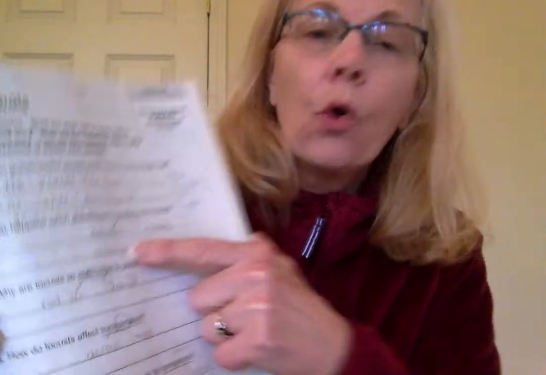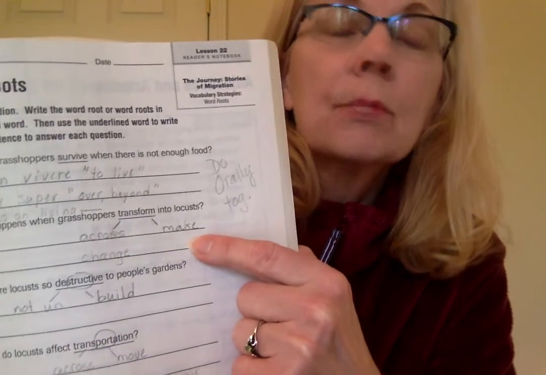Well, their antennas shorten, they change color, and they grow wings. But what does the word transform really mean? Trans means across or change, and form means to make. So to make a change, to cross over to a different form, to make a change.